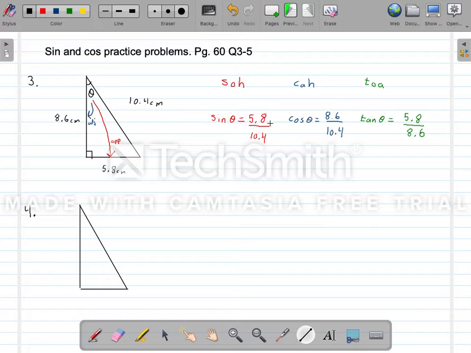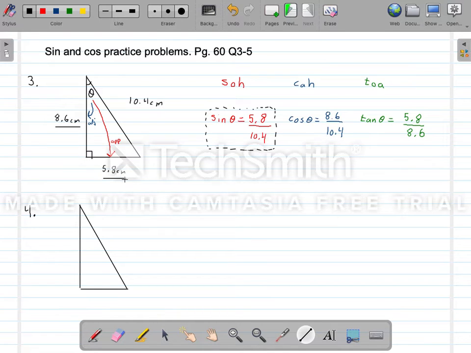All we were trying to figure out in this first one is what these ratios look like. We're defining sine theta. Sine theta equals 5.8 over 10.4. We haven't even come to solving what the angle actually is; we're going to do that next. Right now, we're just defining: do we know what side is adjacent?